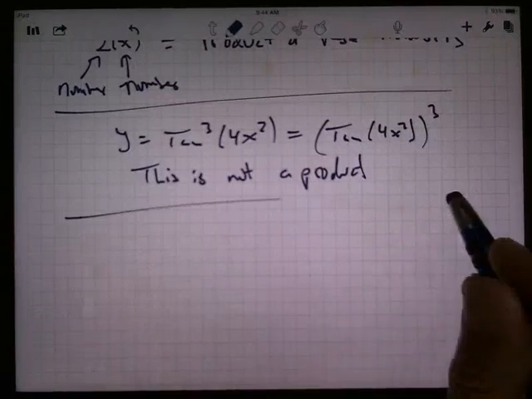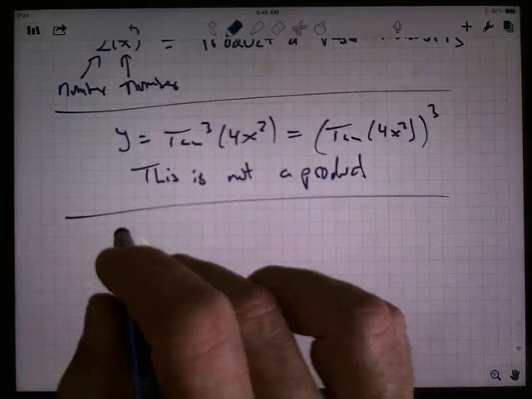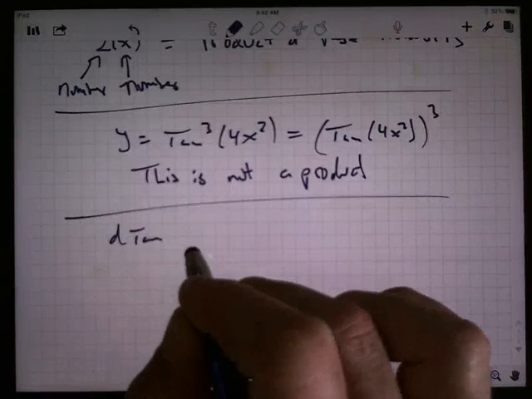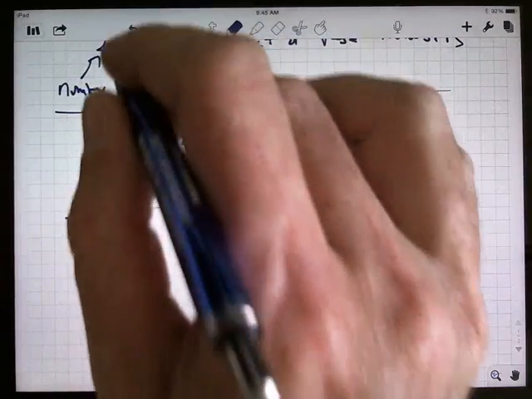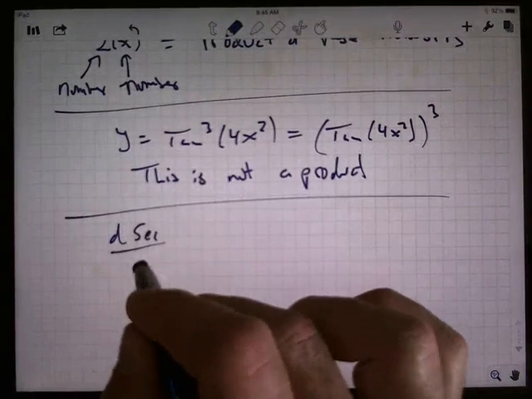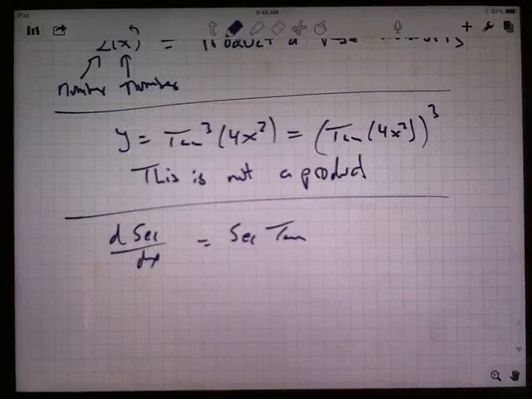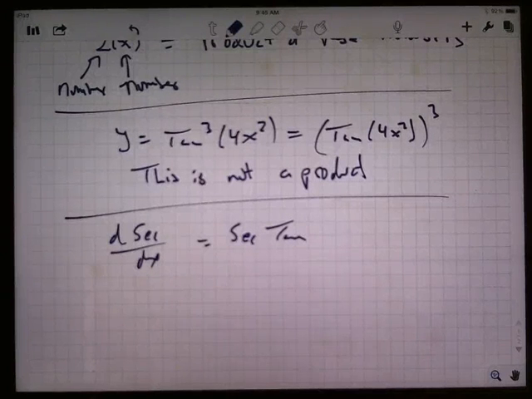Another thing, notationally, that I see is people think like this. They say, if you take the derivative of, actually, let's do the derivative of the secant, right? The derivative of the secant is the secant times the tangent. And we might say that, but we get in trouble because of that, right?